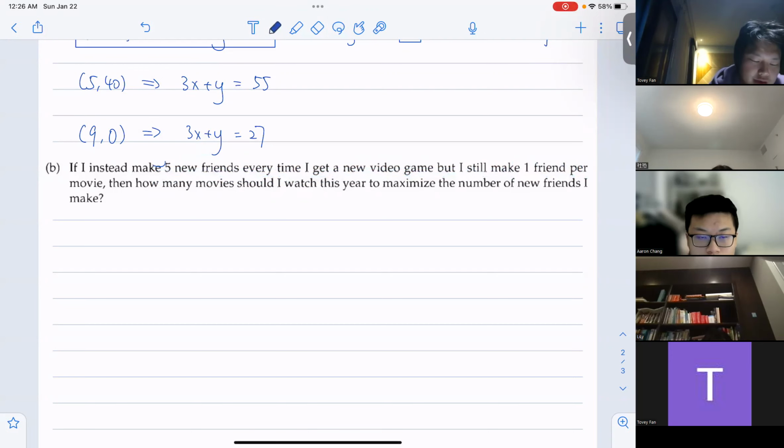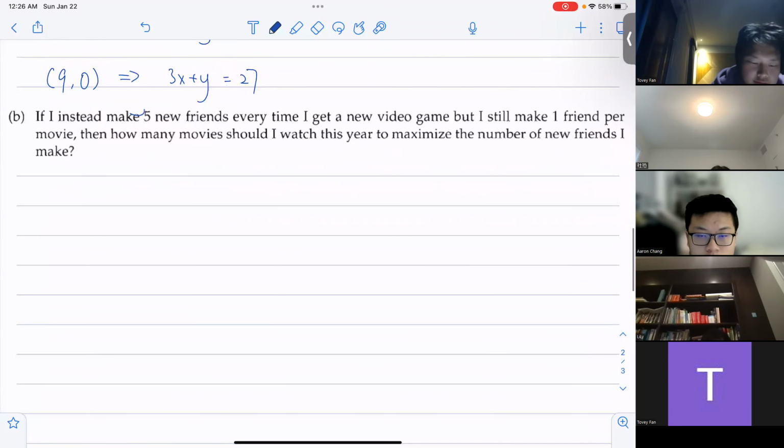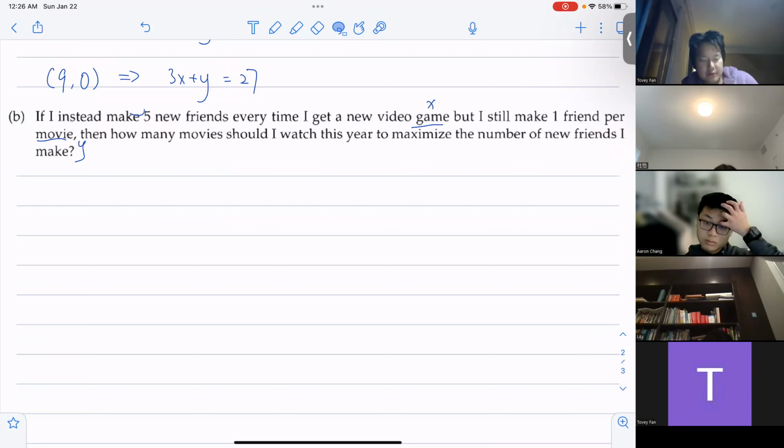How many movies should I watch now? Game is X, movie is Y. So let's say, Rika, I'm gonna make Rika and Lily do something. Rika, what is the expression here for the number of friends that I can make?